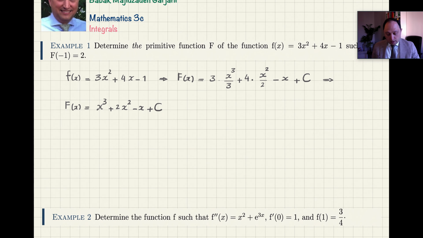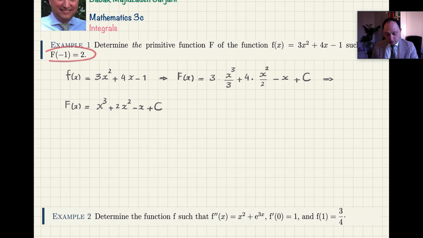So I have to use this piece of information here. What does this mean? It means that capital F of minus 1 is equal to 2, so if I replace x in capital F with this number, the answer is supposed to be equal to 2.